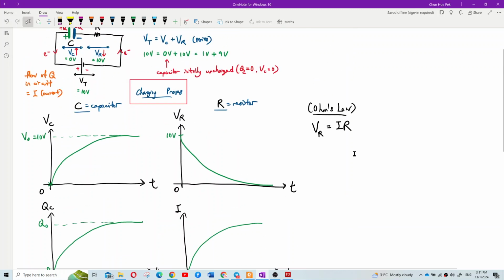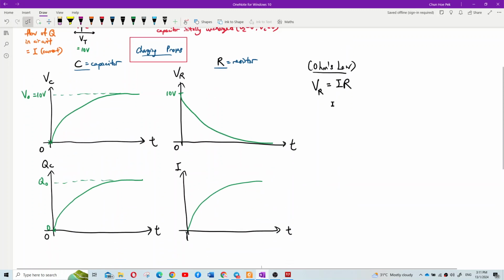Tengoklah Ohm's law. What I'm doing is I'm using another way to explain. There are many ways to explain this situation, but I relate it to resistor. Look at Ohm's law, class. As the charging process goes by, what happened to the voltage across resistor?